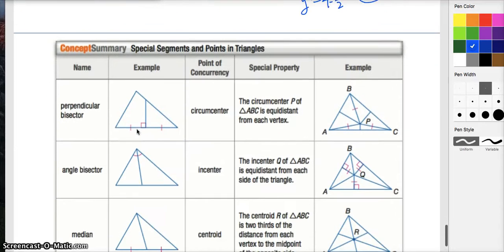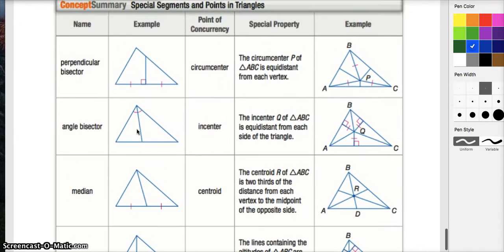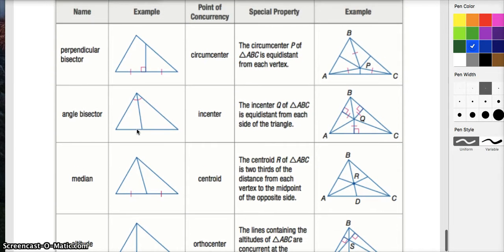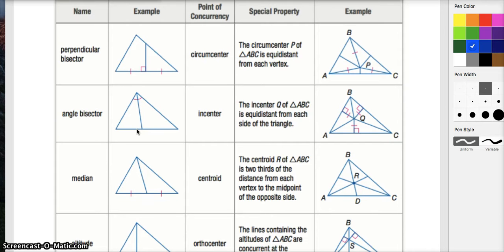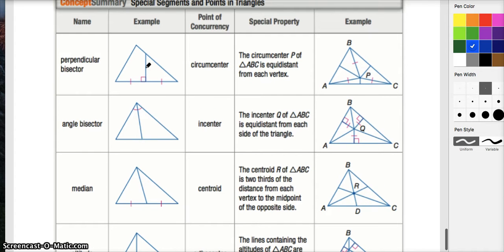Let's take a look at a grand overview of some of the concepts that we talked about, because these things can be confusing. When you have perpendicular bisectors, they are perpendicular and they bisect a side. They do not necessarily go through a vertex. You can have 3 of them.